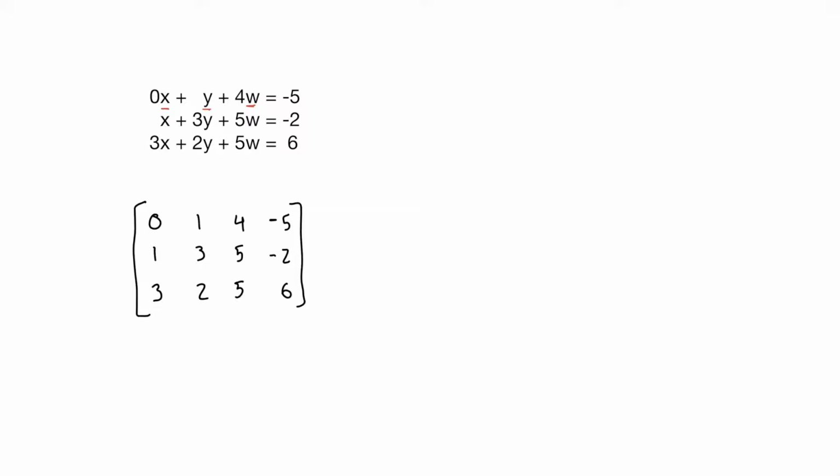And so we want our leading number there to be a 1. So what we're going to do is swap the first and second row. This is called interchange. And so our numbers are going to stay the same, however, the location in the matrix is going to change.